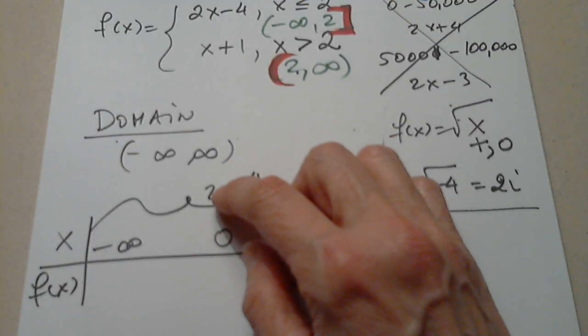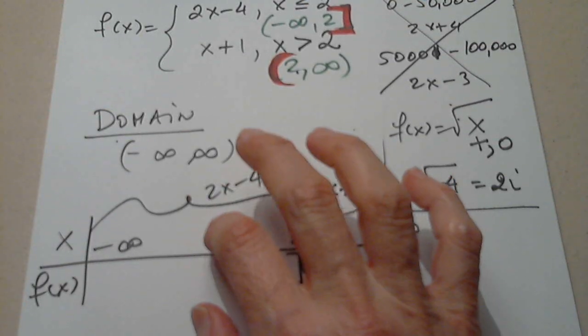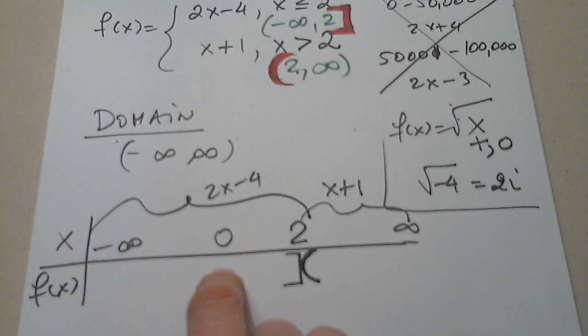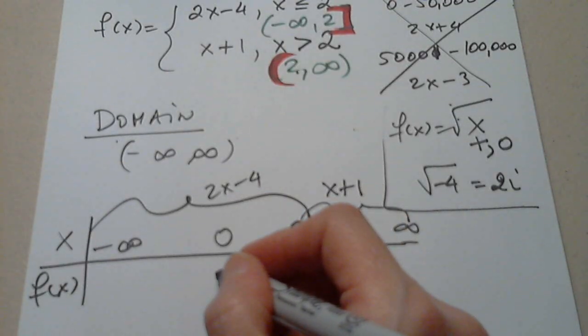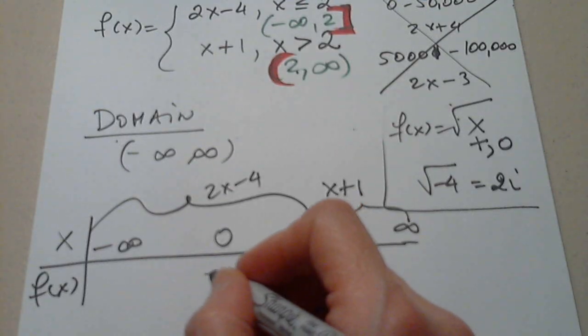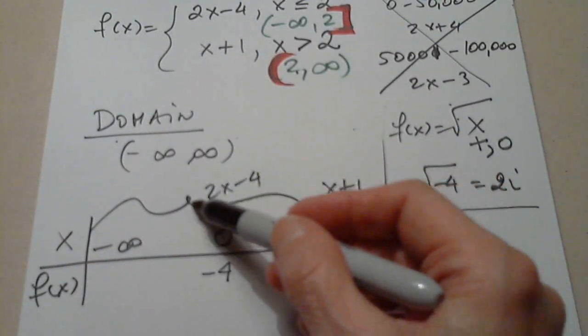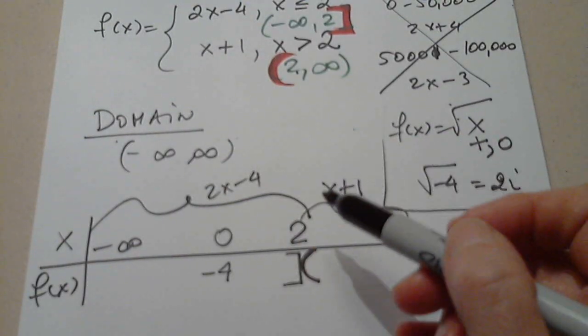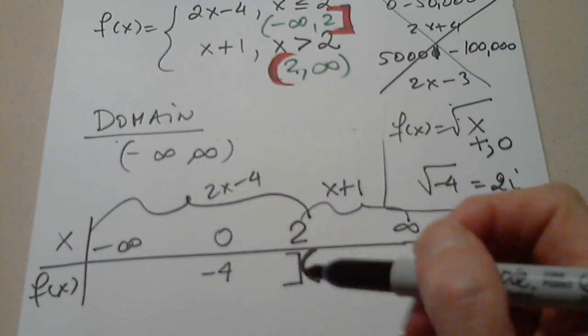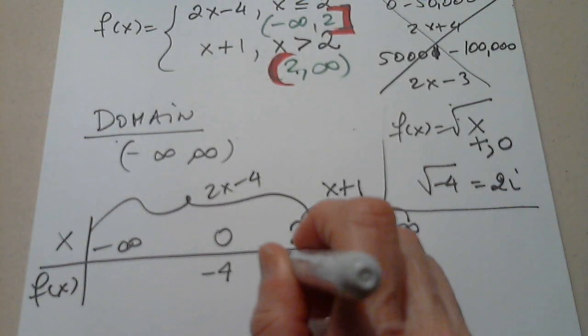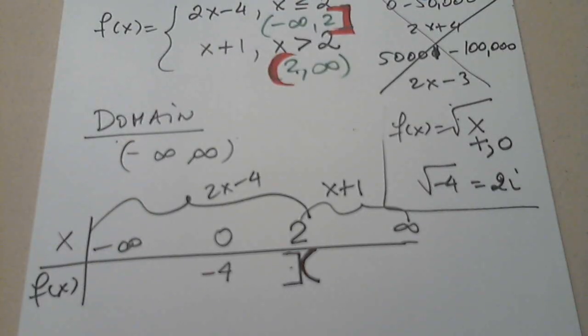When I plug in 0 here, what do I get? When x is 0, how much is the y value? -4. Excellent. Thank you very much. When I have x equals 2, what do I get here? And I put the number right inside the bracket. Not in front of it, not to the right or left, just inside.